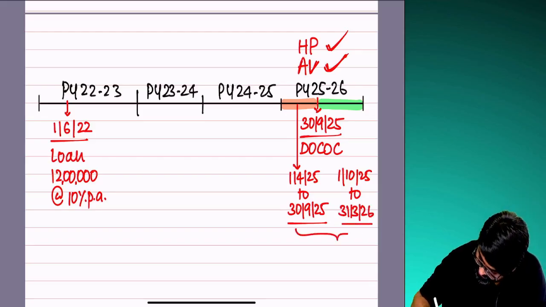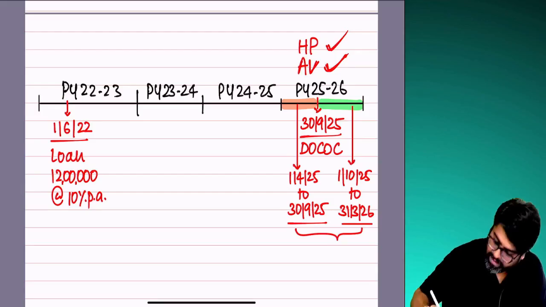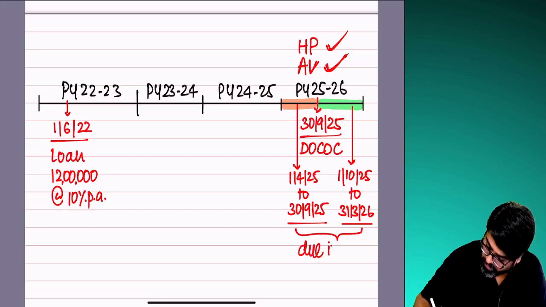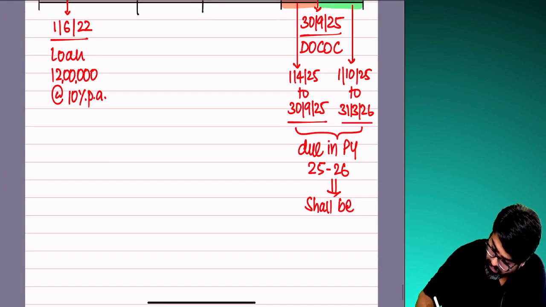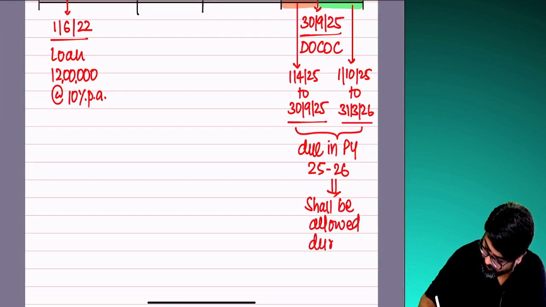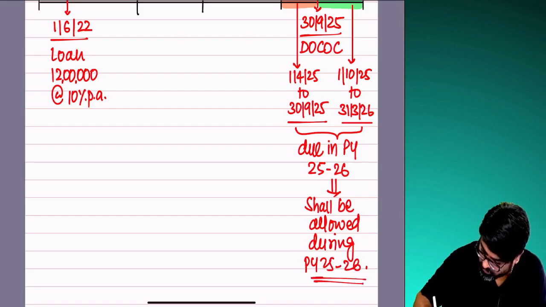This entire interest becomes due in which previous year? It shall be allowed during previous year 25-26 as your normal interest for this year.